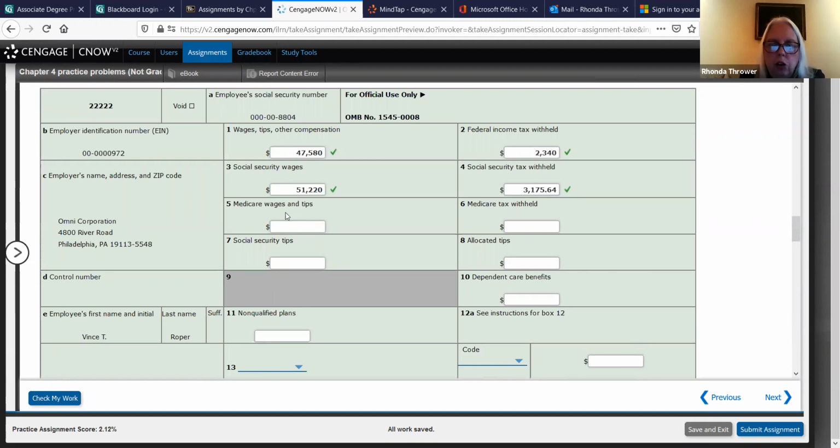Your Medicare, your HI portion, is equal to the Social Security wages. So 51,220 goes here. Your Medicare tax, I'll just wait and check that in just a moment.